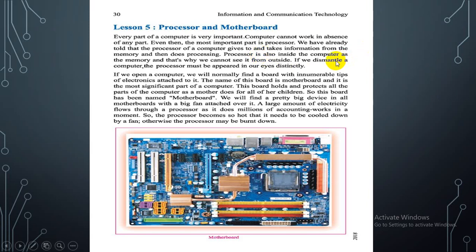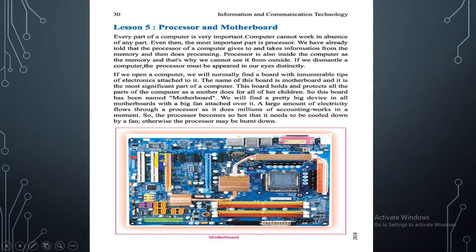If we open a computer, the processor will appear distinctly in our eyes. If we open a computer, we'll normally find a board with innumerable chips of electronics attached to it.